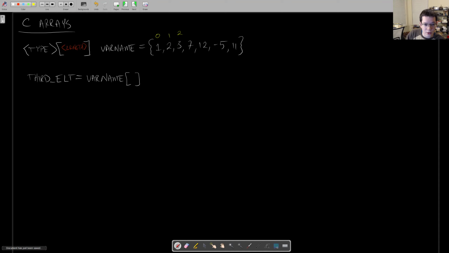But that's the third. So I'm gonna do 2. And so that's how you retrieve an element. If you want to set an element, you can do var name 6. I'm going to set the last one equal to 0, just because I can. And so that will put a 0 in this place.